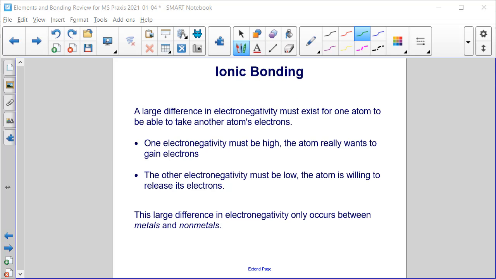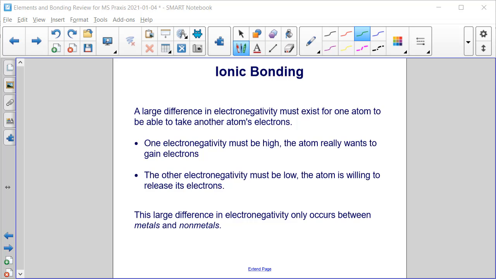We demonstrated a few slides back visually how an atom with high electronegativity attracts and removes an electron or electrons from an atom of lower electronegativity. In order for that to happen, there needs to be a big difference in the electronegativity values.